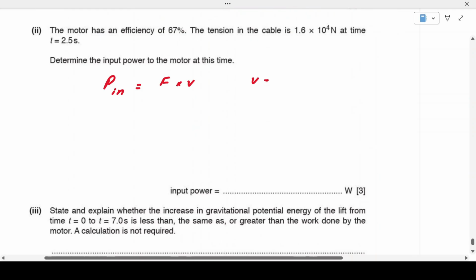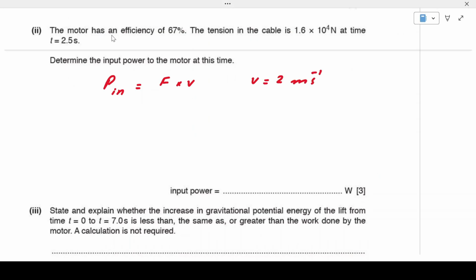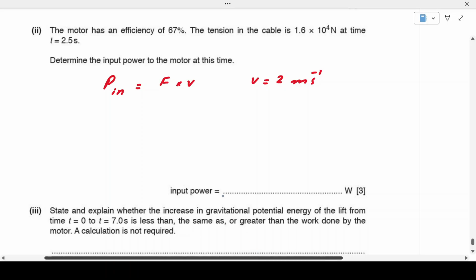So P equals F, force, times the speed. F is given as 1.6 into 10 raised to power 4. The speed is given as 2.